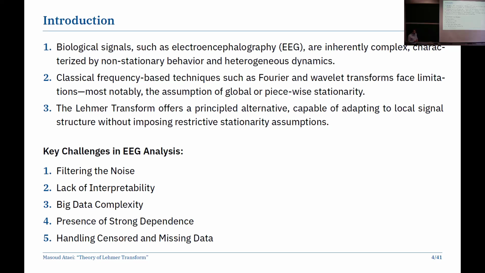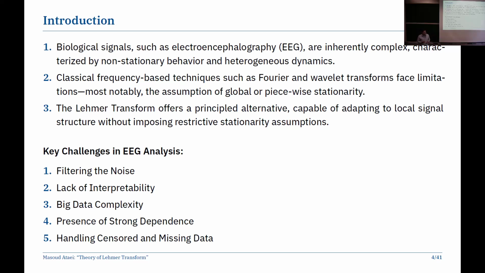Before delving into mathematical details, I would like to mention a few key challenges that we face in the area. The EEG signals contain various artifacts like eye blinks, muscle movements, and external interferences. The traditional noise filtering approach is highly subjective and usually assumes stationarity, which is rarely the case. The Lehmer transform eliminates the need for any pre-processing step.